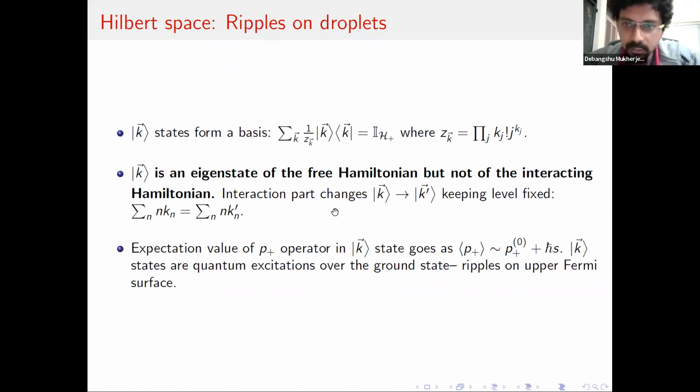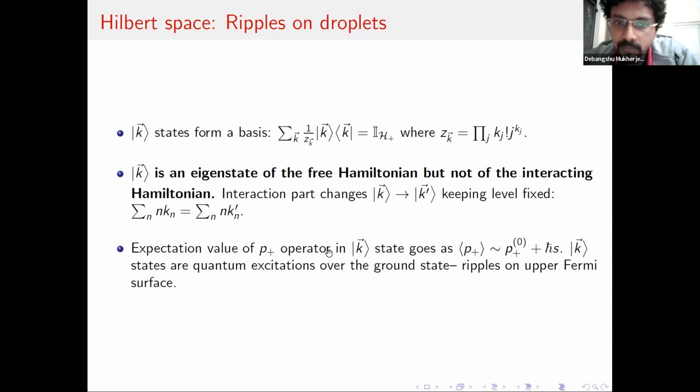So it is only an eigenstate of the free Hamiltonian, but not of the interacting Hamiltonian, the 3A term which Bala was pointing out. However, the action of this interaction part keeps my level fixed. When it acts on these K states, it makes sure that my level is fixed.